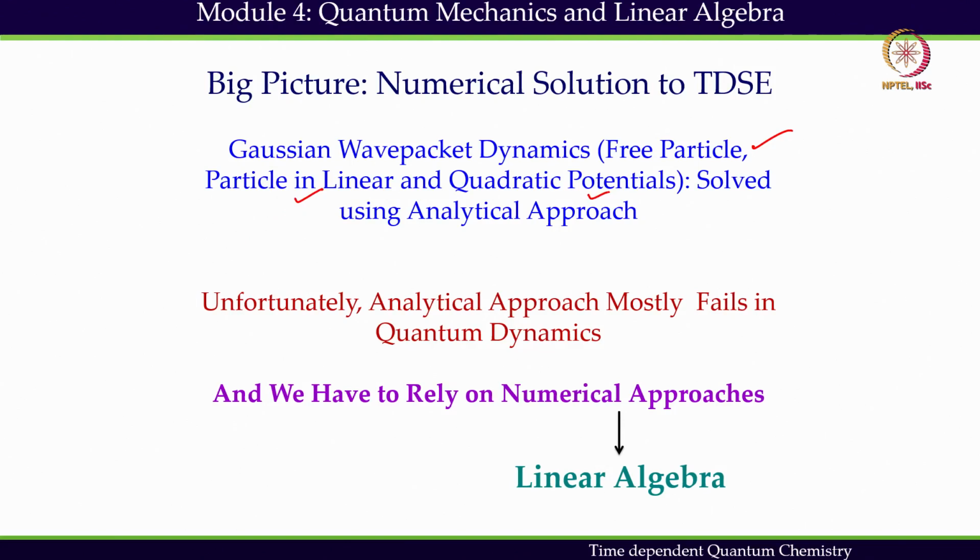So, for many aspects of Gaussian wave packet dynamics, one can use an analytical approach to solve the problem. But for any arbitrary potential, this analytical approach will fail, and we have to rely on numerical approaches.